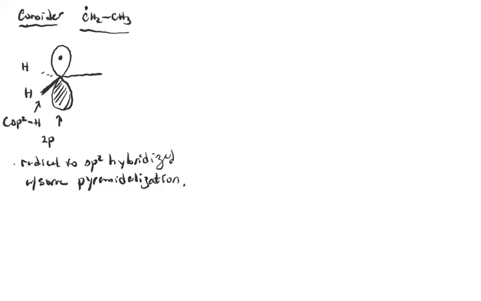Anyway, this can overlap with an adjacent C-H sigma bond, in the exact same way that we saw for carbocations. This is the beauty of this interaction: adjacent orbital overlap just comes up everywhere.